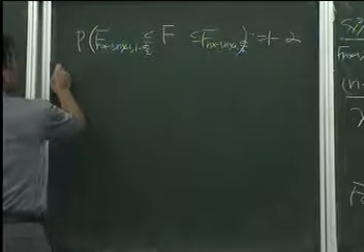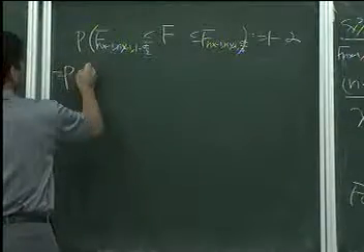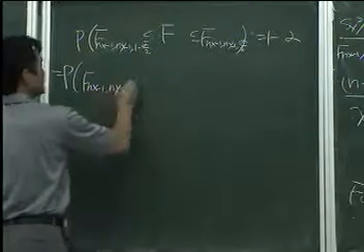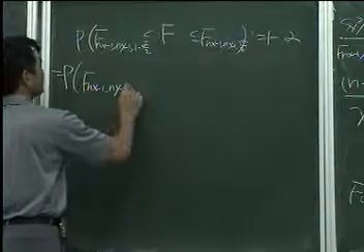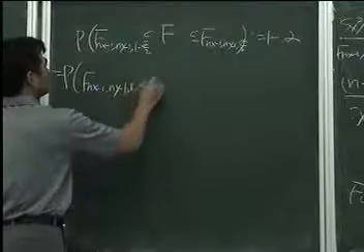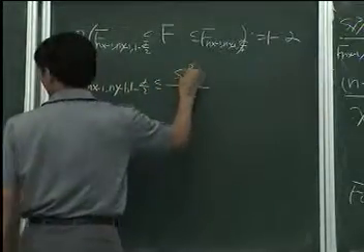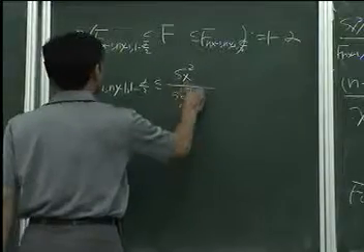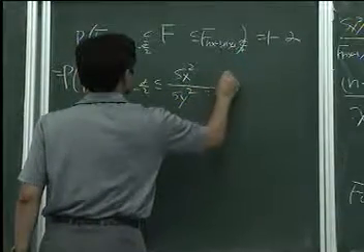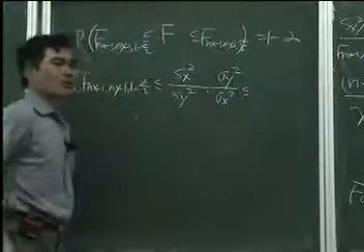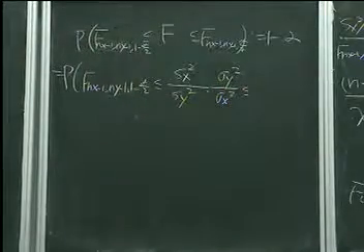Okay. So then this is S_x squared over S_y squared times sigma_y squared over sigma_x squared, right?